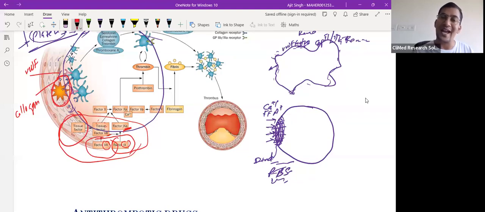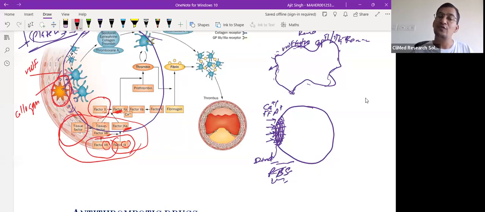Tissue factor is activated now, and these all are converting factor X, which is already there in your blood circulation. Factor X is inactive in your circulatory system, already available in your blood. So factor 7 and factor 9, the activated ones, are activating factor X into factor Xa.